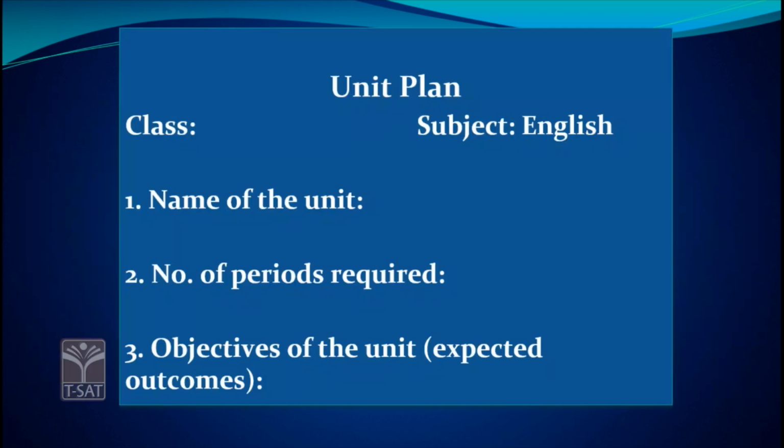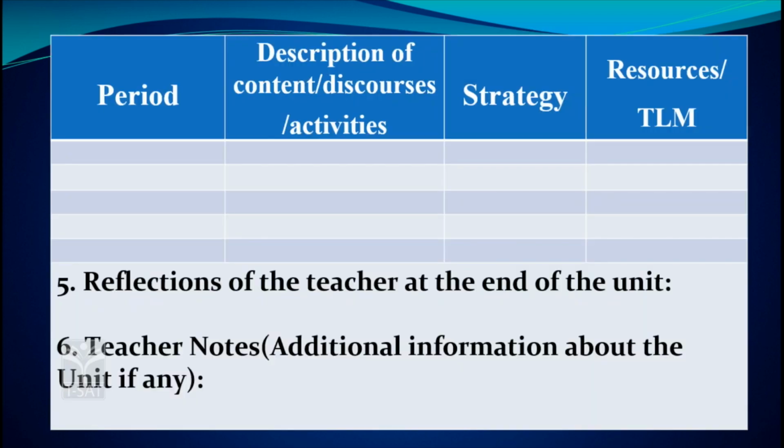And here unit plan, you can say class and subject, here English, and name of the unit and number of periods required and what are the objectives of the unit or expected outcomes. And here period 1, 2, 3, 4, 5, etc. at every level, description of the content.